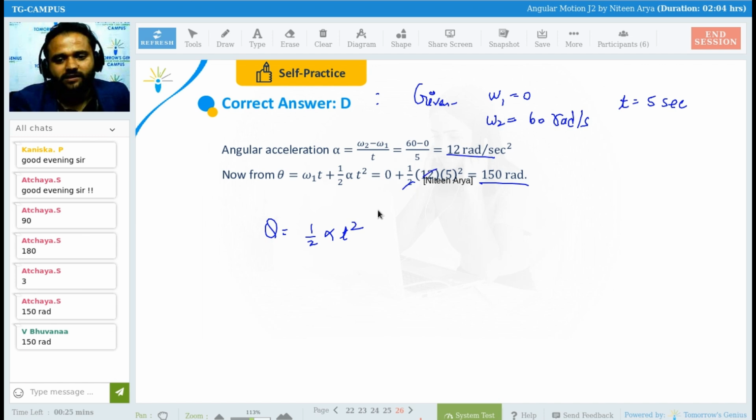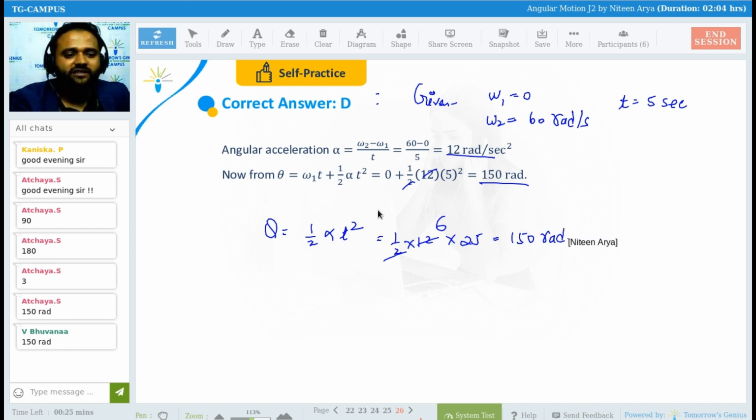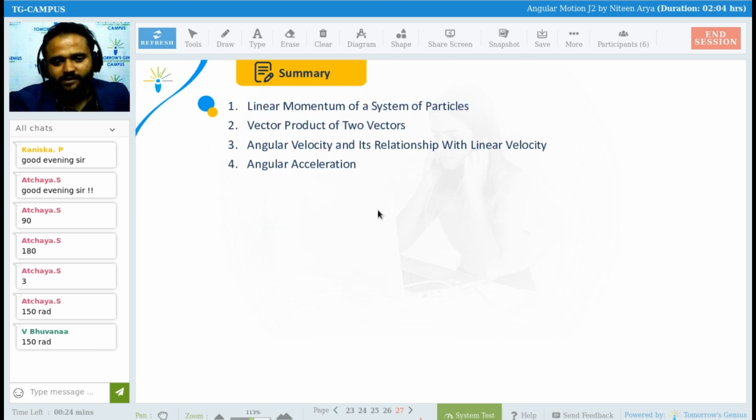This 6 means 1 by 2 into 12 into 5 into 5, which is 25. So that is 6 into 25, 150. Is this clear, everyone? So the correct answer is D. Got it? 150 radian. Okay, so in this way we finish this lecture.